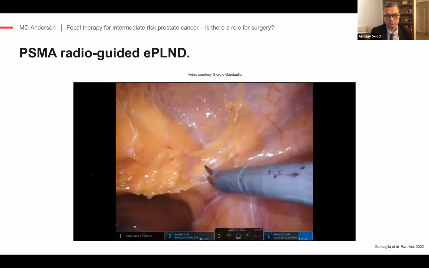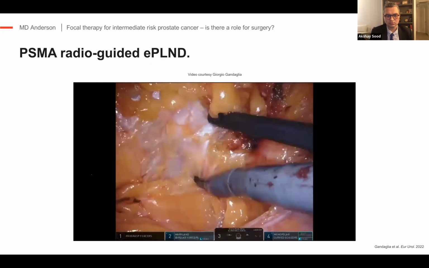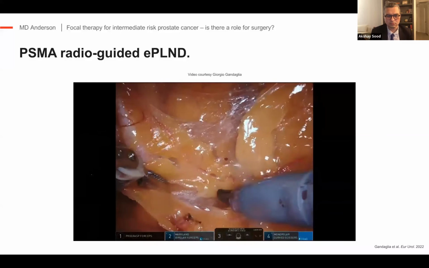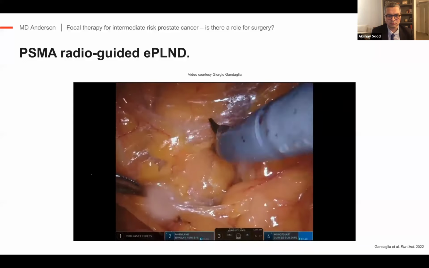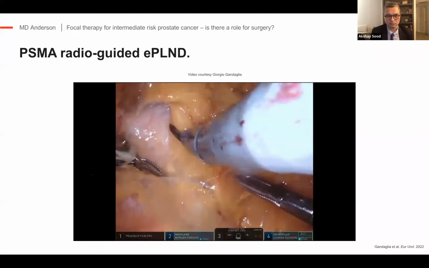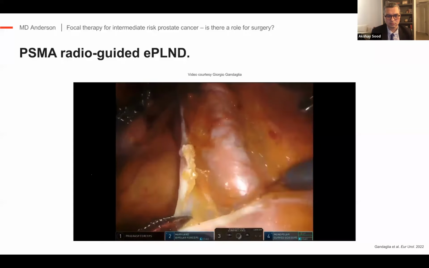After incision of the peritoneum and release of the bladder laterally to the endopelvic fascia, the pelvic lymph node stations were exposed. A drop-in gamma probe was used for in vivo intraoperative measurements to identify metastatic lesions at the level of the internal iliac, external iliac, obturator, and common iliac stations.